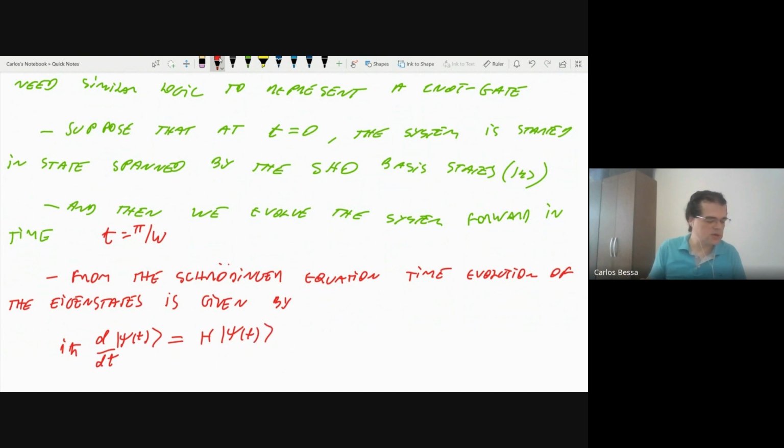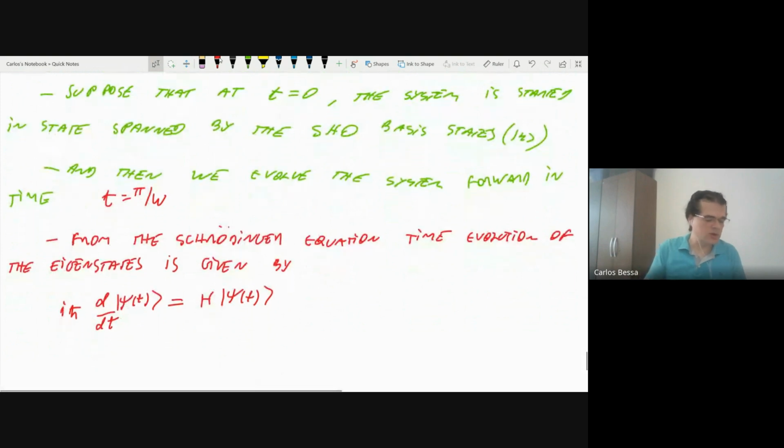And because in this case our Hamiltonian is not time dependent, we can have just the solution. This will be just the exponential, right?